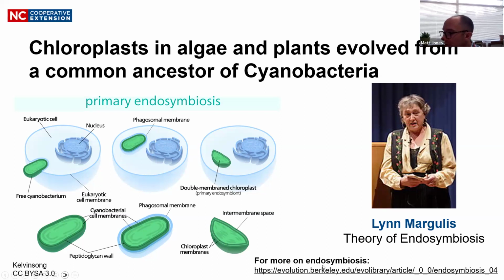But UC Berkeley has an amazing web portal about evolution if you want to learn more. One of those articles, including I think this photo, is from this Berkeley evolution portal. It's a good read on the history of science, too.